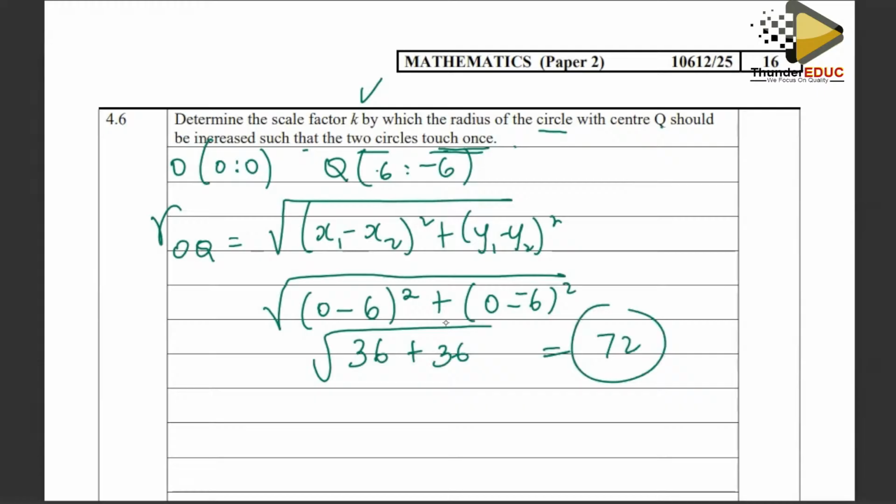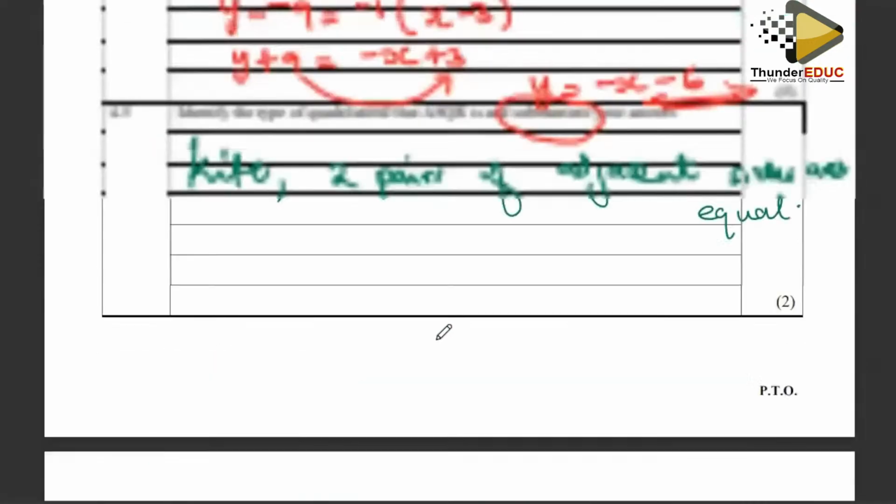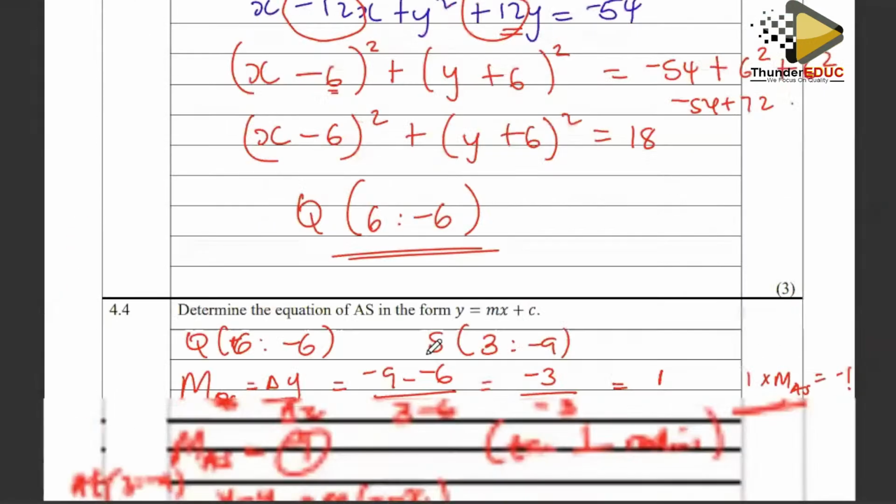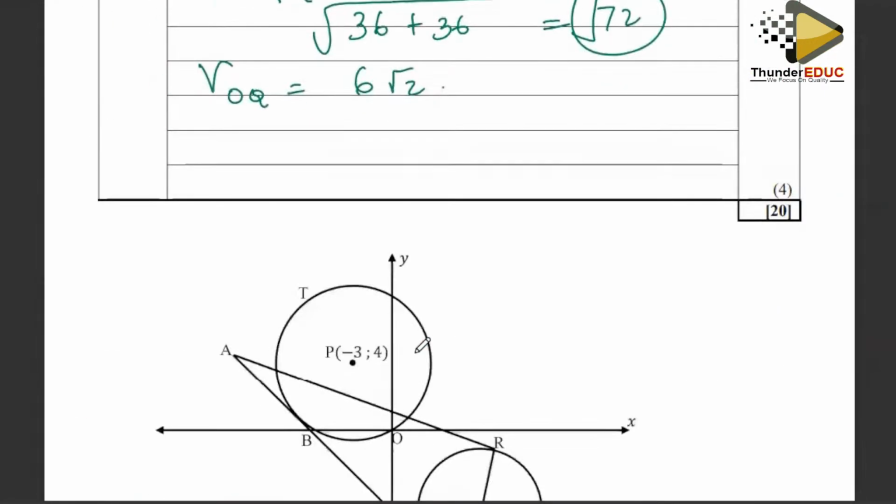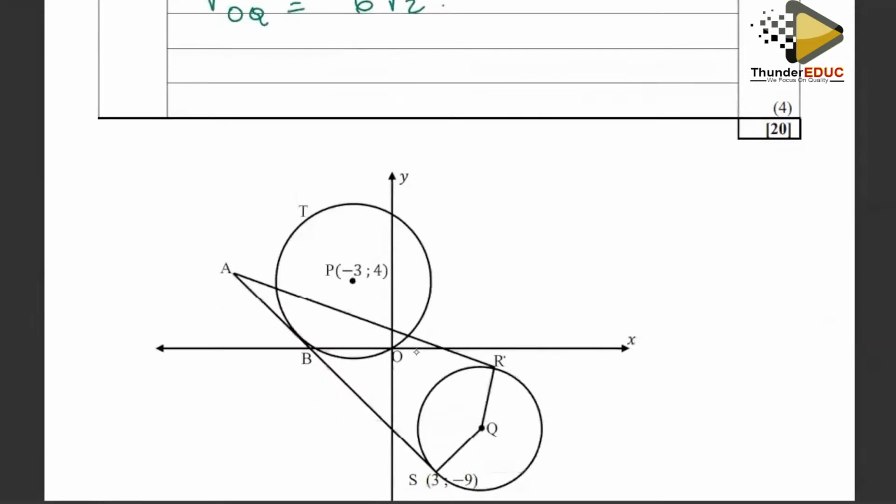Now we know that the square root of 72 is going to be, so we're saying OQ is going to be 6 square root of 2. Then initially, the initial radius RQ, sorry. Remember it was something like 18.